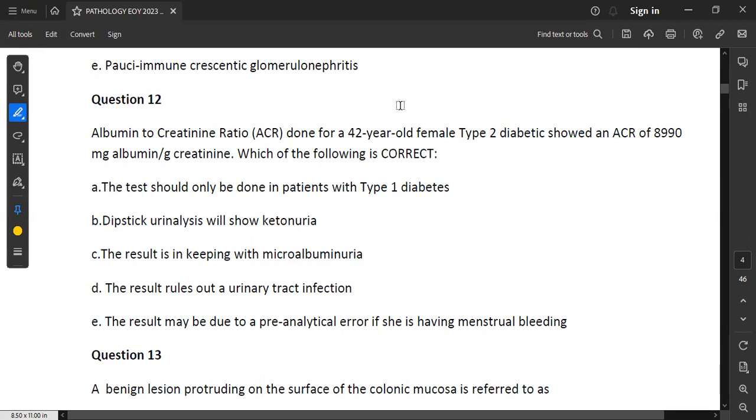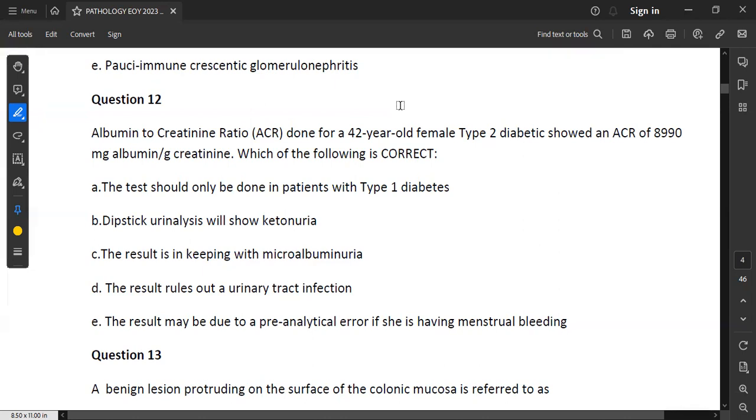The results rule out a UTI. Not necessarily, because UTI is usually within 30 to 300, so we can rule it out, but we can also do a UTI test to rule out the UTI properly. The result may be due to a pre-analytical error if she's having menstrual bleeding.